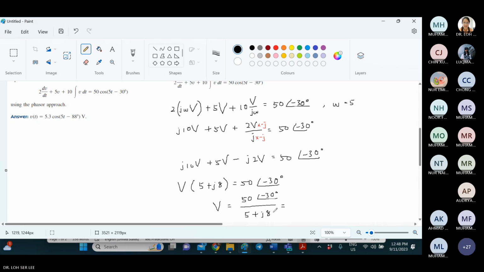And this is division, so we will change the denominator into polar form. To get the polar form, use your calculator, compute directly. To get the R, you need to use square root of 25 plus 64. Then you get 9.43.